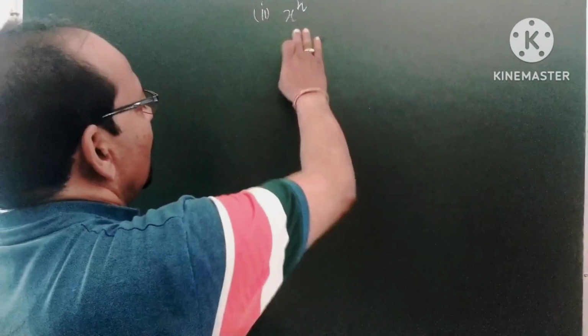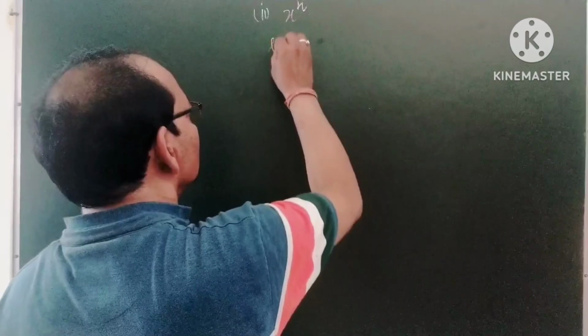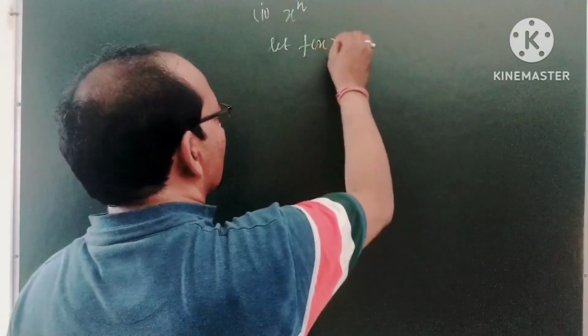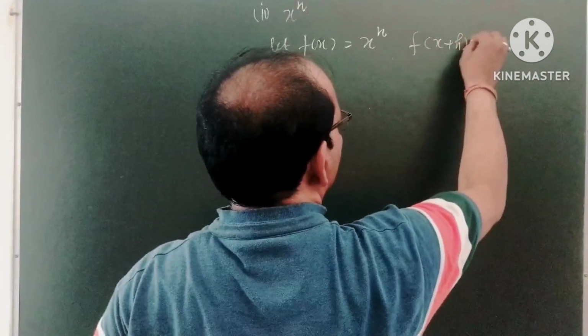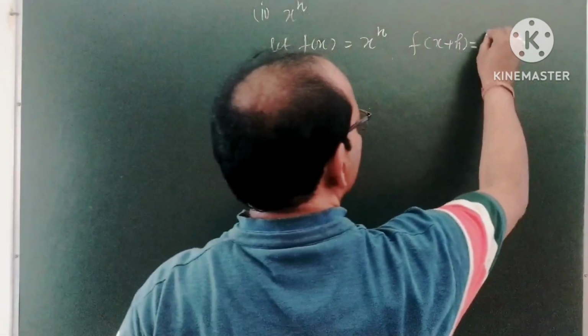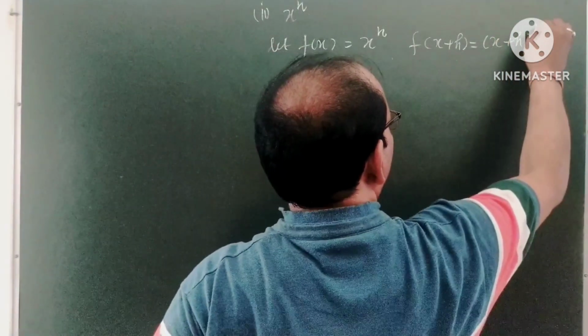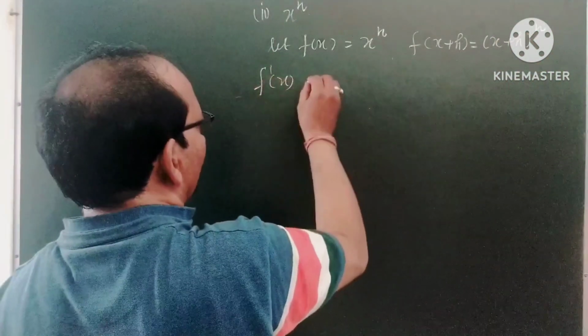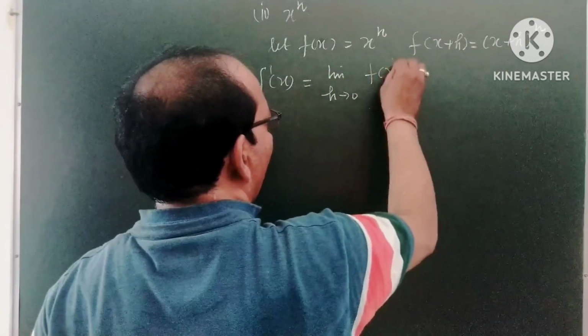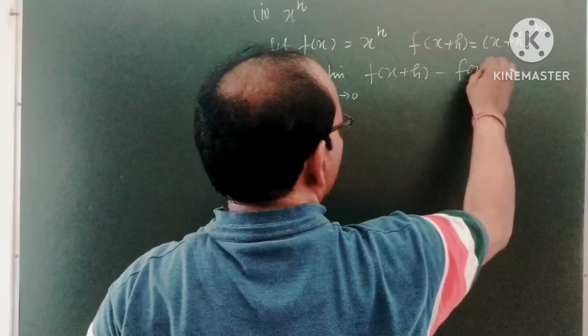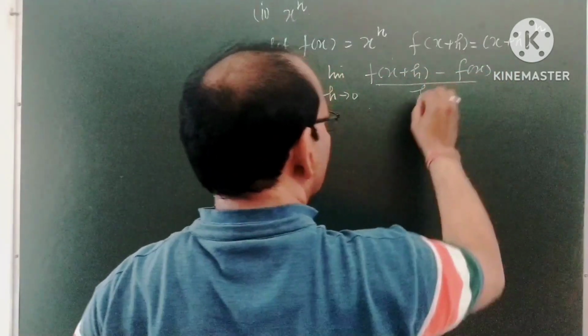My next question is: find the derivative of x raised to n by the first principle of derivative. The derivative of x raised to n is a formula used to find the derivative of such types of functions. Let f(x) is equal to x raised to n, therefore f(x plus h) will be, in place of x write x plus h, raised to n. Therefore the derivative of f(x) is limit h tends to 0 of f(x plus h) minus f(x) by h.